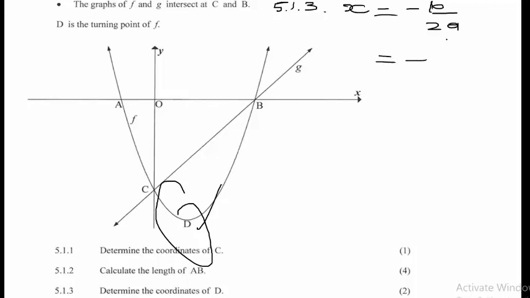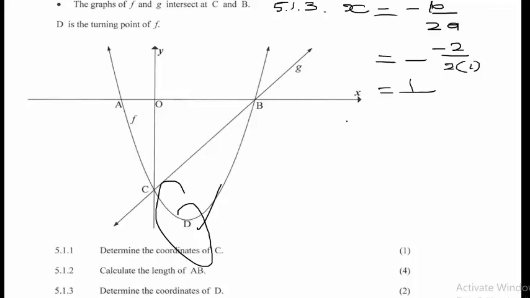So we have our B is -2 over 2 times our A, which is 1. And now we know that our axis of symmetry will be 1, because negative divided by negative is positive. 2 divided by 2 is 1.